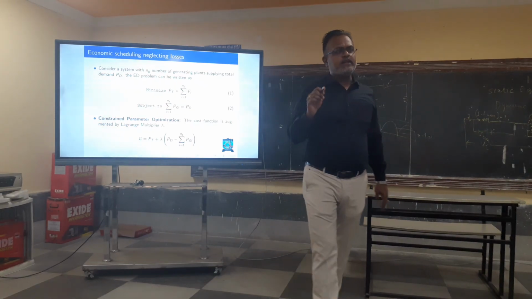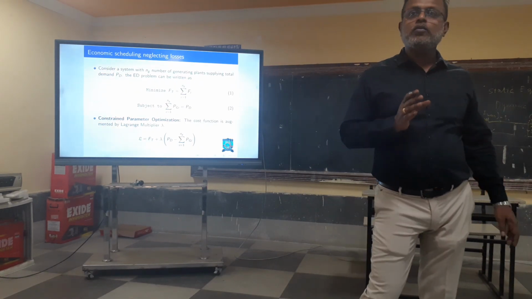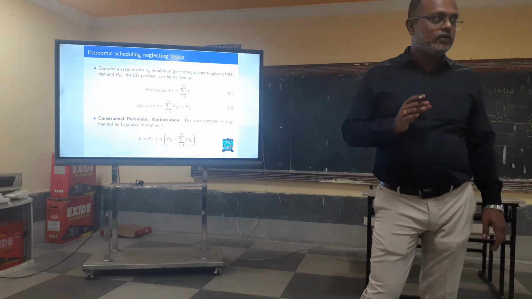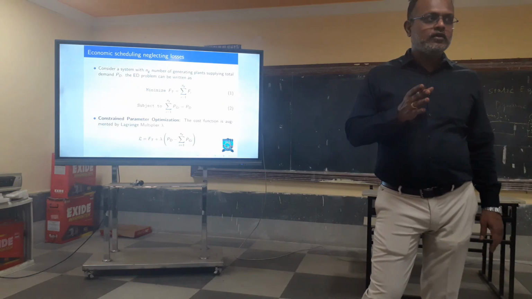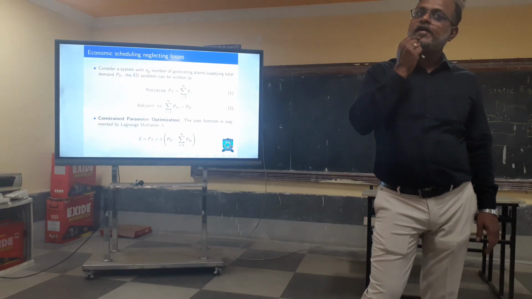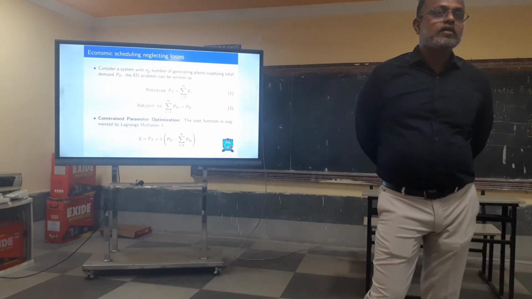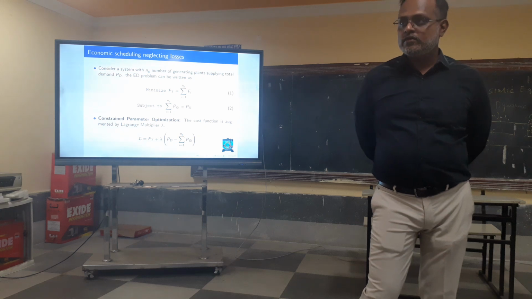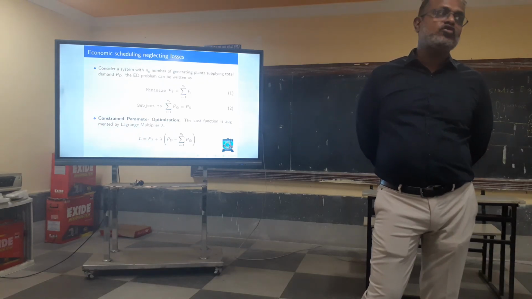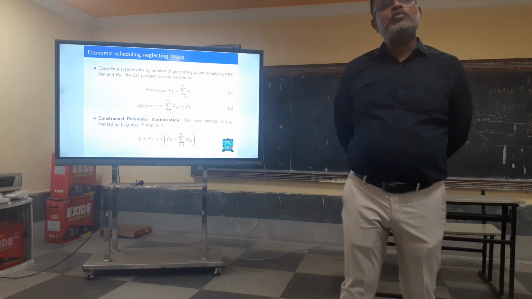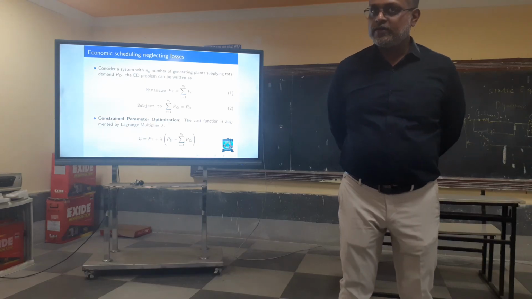Now, I think you have read one subject on optimization. Okay. Right? So I think optimization and soft computing you have read. So what is optimization? Maximization or minimization, right? That is optimization. You can have an unconstrained optimization problem where there are no constraints, and you can have a constrained optimization problem where you have constraints. Okay.